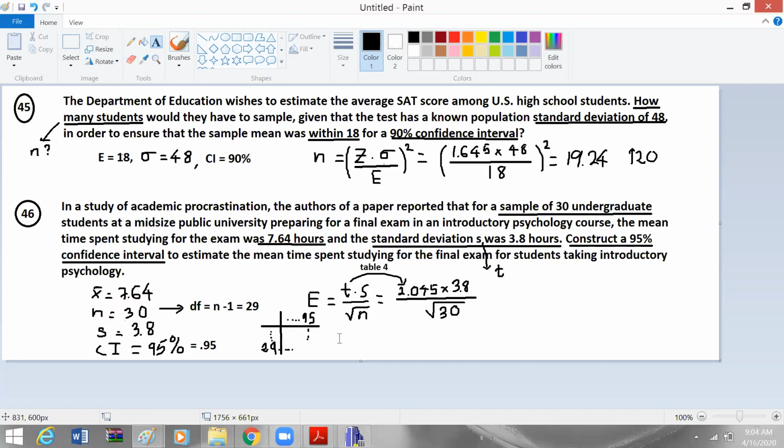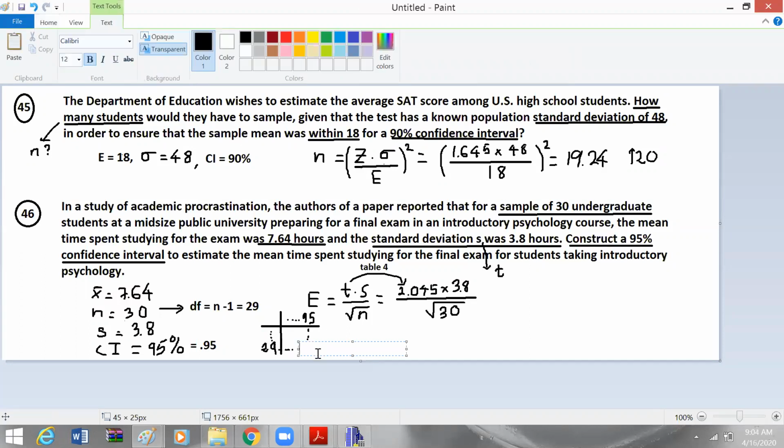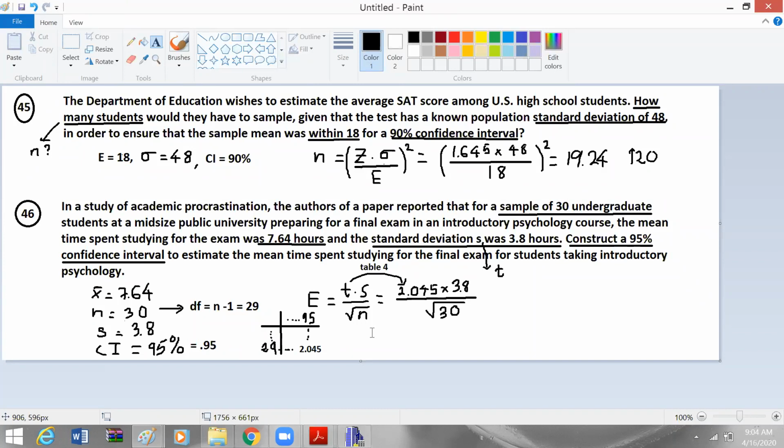Then the answer is 2.045. However, when you divide by radical n, remember, n is not 29. Let me repeat that again, because maybe 10 of us on the exam just divided by radical 29 for some reason. We have 30 students, so n is 30, okay?